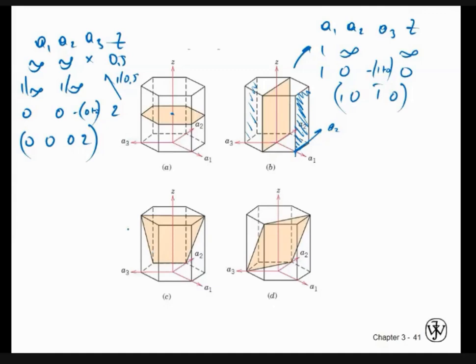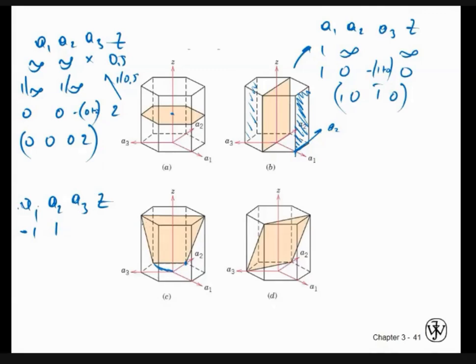For this one, let's write it really quick. A1, A2, A3, Z. For A1, you have this negative side of A1 over here. So this one intersects A1 at -1. It intersects A2 at +1. Keep A3 for now.